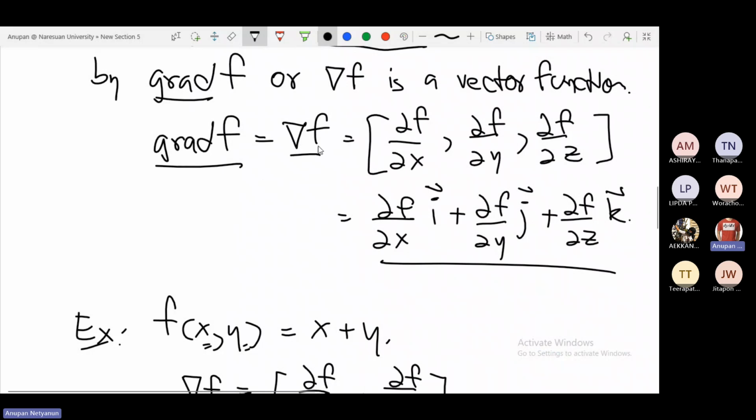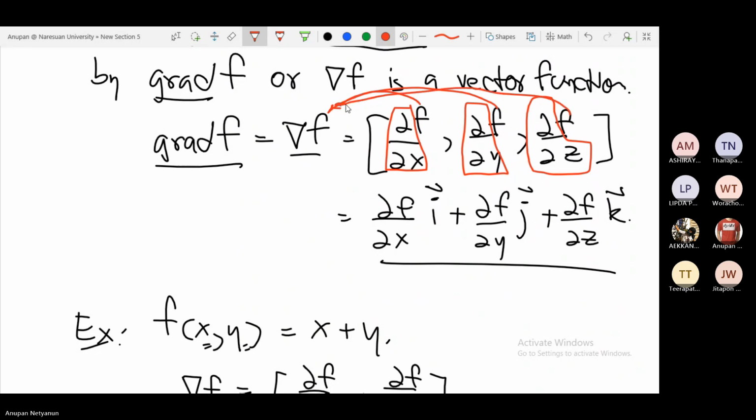If you look at this carefully, you can think of this sign, the gradient sign here, as actually the vector of this operator, partial derivative operator, that acts on this f here.